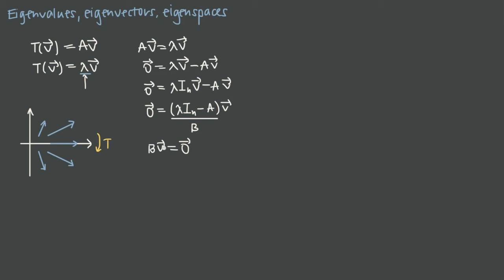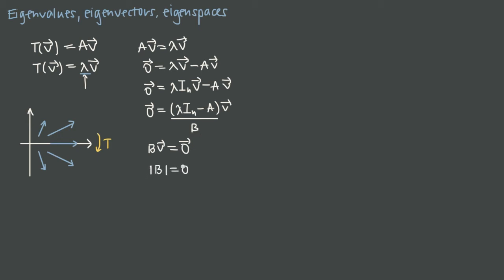And if there's a vector that is not the zero vector that satisfies this, then that tells us that there's going to be a non-zero vector inside the null space of B, which tells us that the matrix B is going to have linearly dependent columns, and it's going to tell us that B is not invertible. And therefore, if B is not invertible, we know that the determinant of B has to be 0.